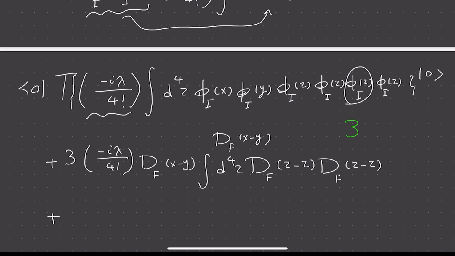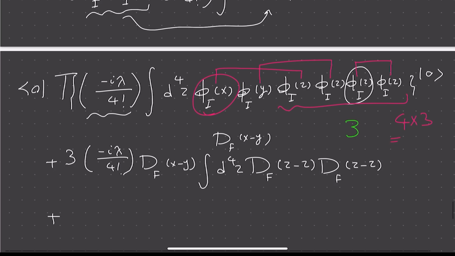Now you're going to have a term where x is contracting with z and y is contracting with z, and then there is a contraction between 2 z's. So 2 z's are free. So how many possibilities do we have? We're going to have 4 possibilities for the first one. So if x wants to contract with one of those, it's going to be 4. And then the remaining y only has 3 choices. So 4 times 3 is equal to 12.